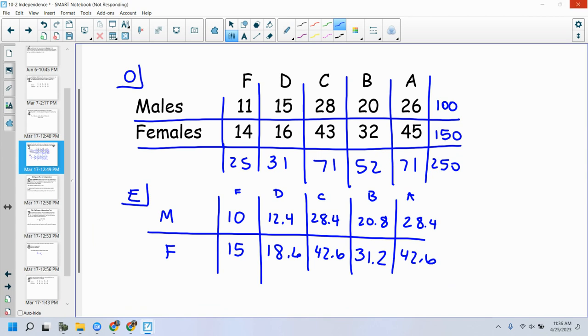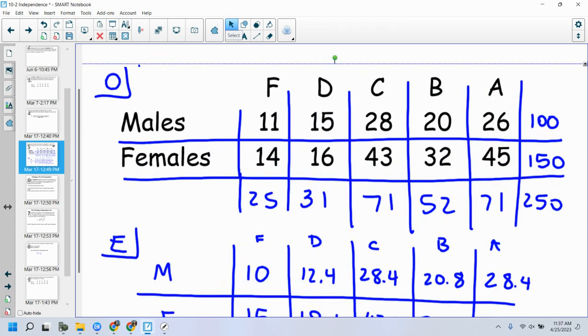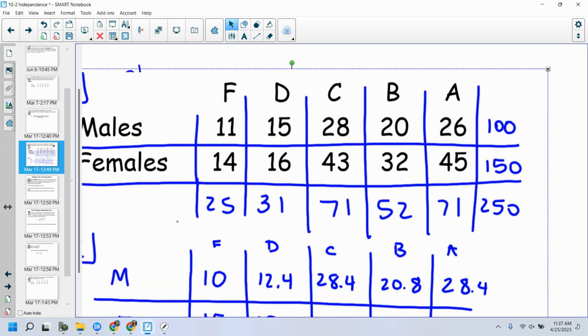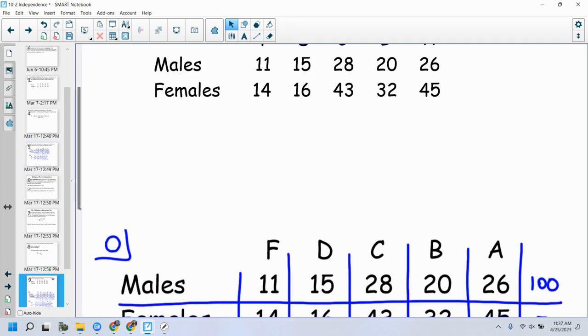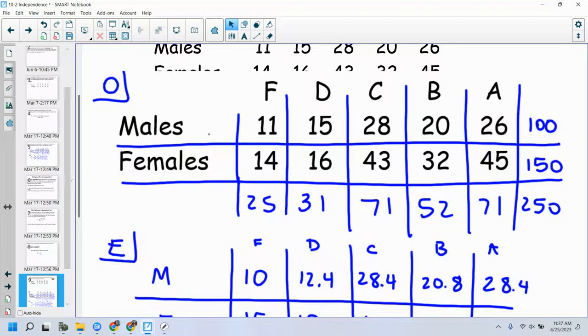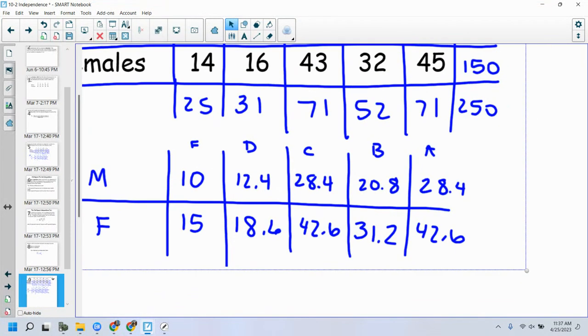Okay, so I'm just going to drag this over here. There it is. It's giant.